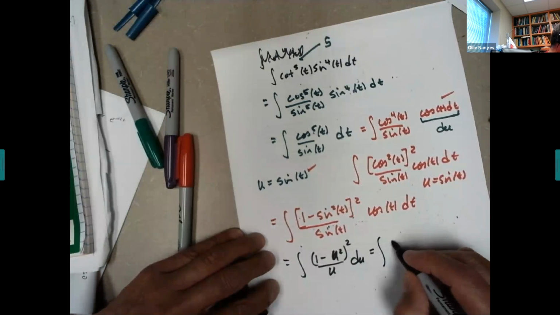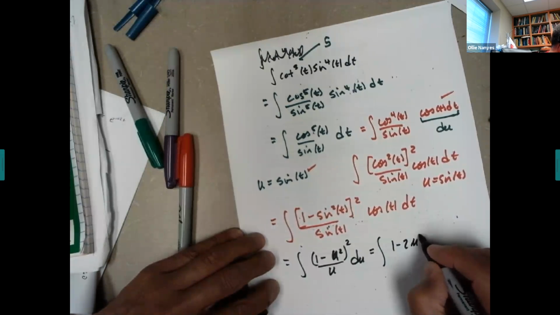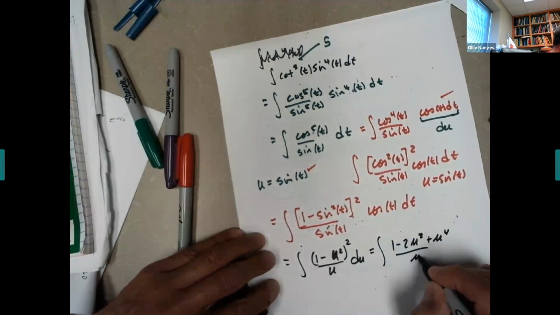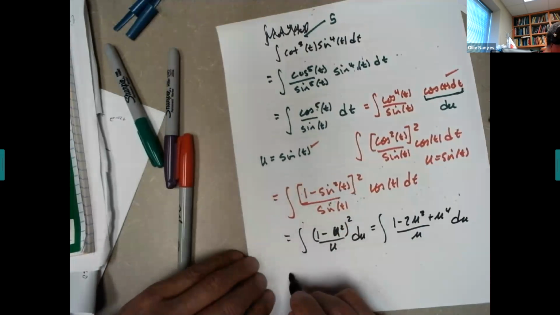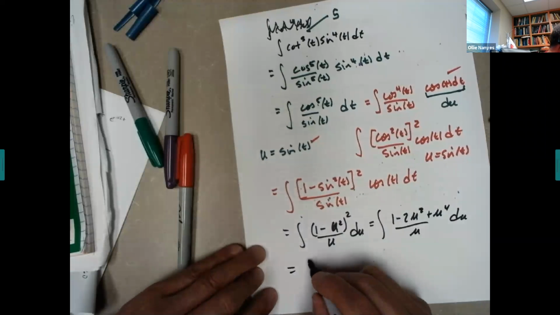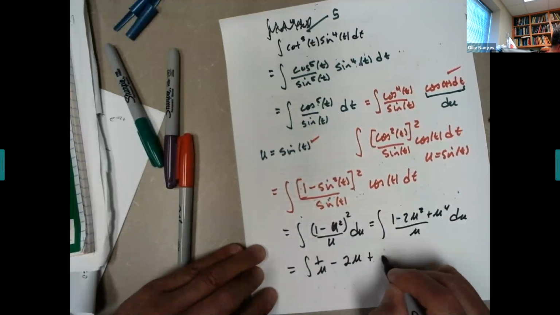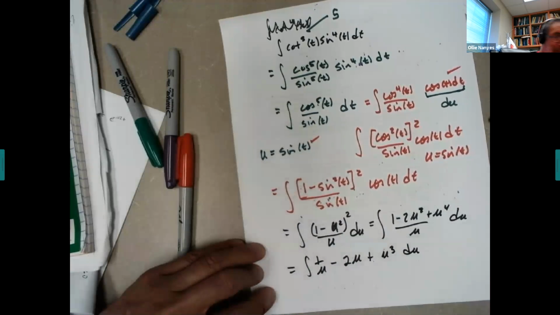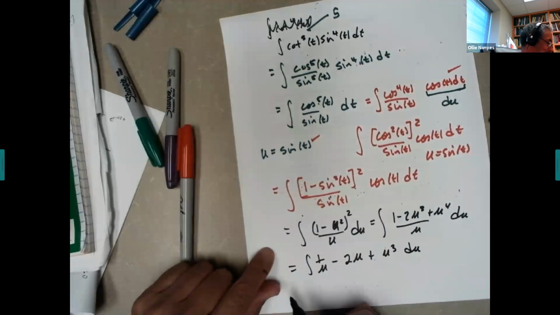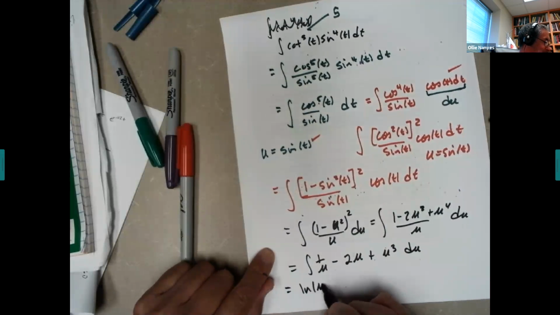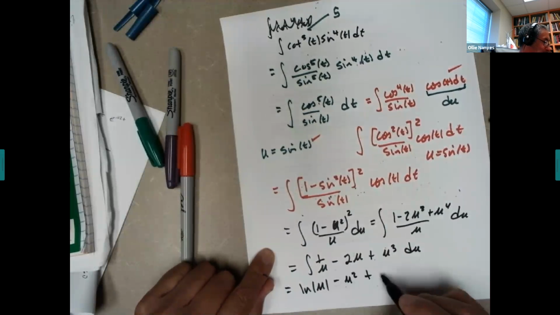So it's now going to be 1 minus 2u squared plus u to the fourth, all over u. And that's now a fairly simple integral to do. Now we're pretty much home. Log absolute u minus u squared plus u to the fourth over 4 plus c.